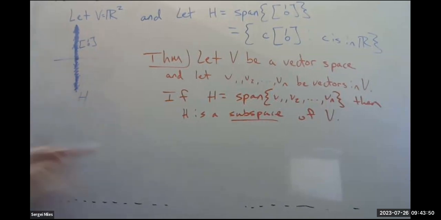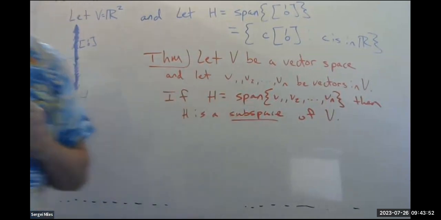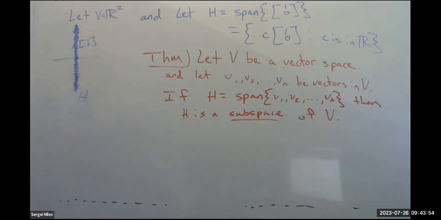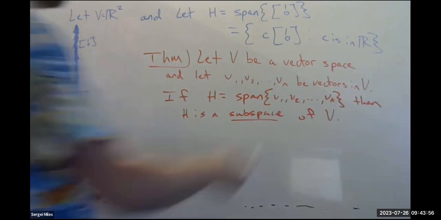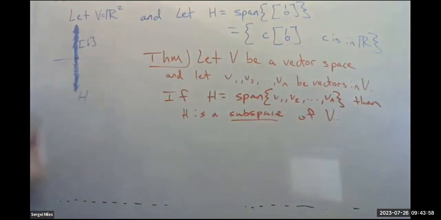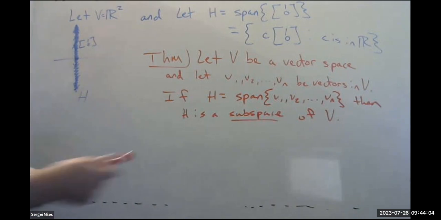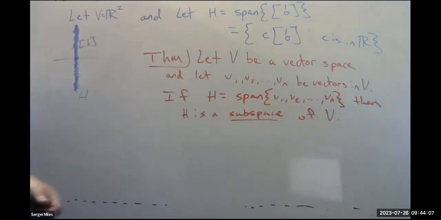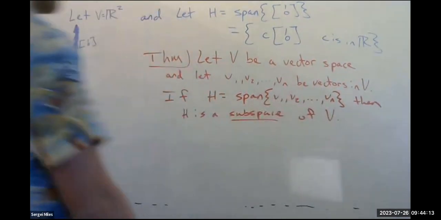Why? Well, again, the span includes all possible linear combinations. So you can take the linear combination where you scale everything by 0. That gives you your 0 vector. You have all the possible ways you can add vectors together because the span is the set of all possible linear combinations. And you have all the scalars because, again, the span is the set of all linear combinations.